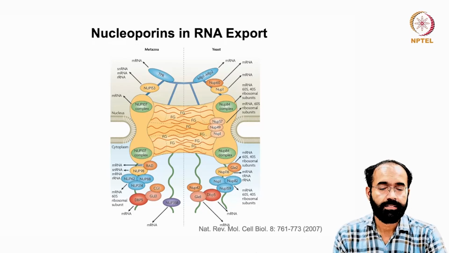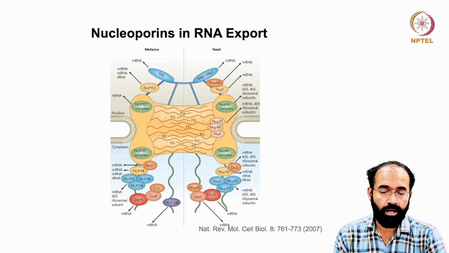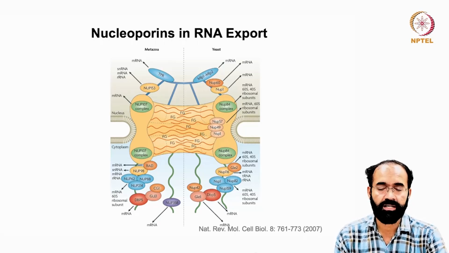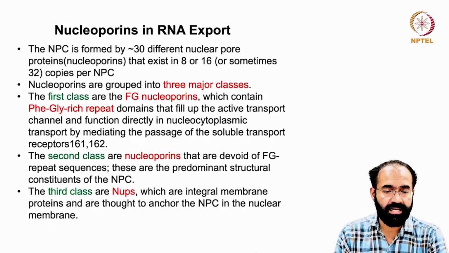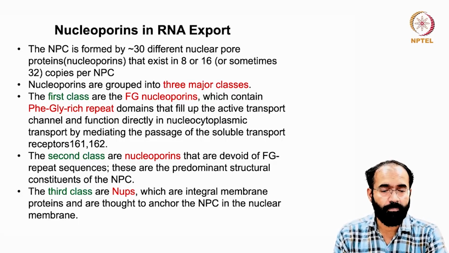Now let us see in detail, with proper description, how each of these proteins is important in the transport of the cargo. So, nucleoporins in RNA export. The nuclear pore complex, NPC, is formed by approximately 30 different nuclear pore proteins, which we call nucleoporins, that exist in 8, 16, or sometimes even 32 copies per nuclear pore complex.